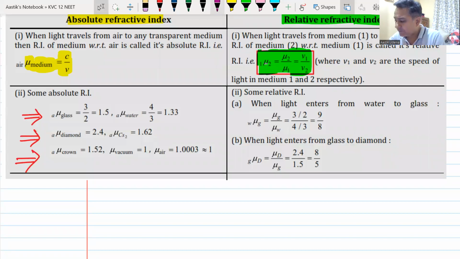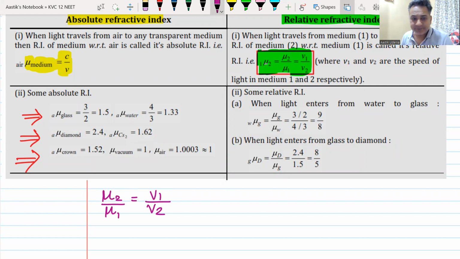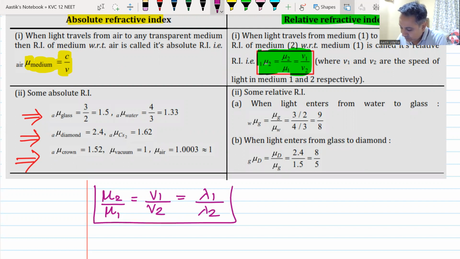I hope you will understand this. Mu 2 by mu 1 is equal to V1 by V2. We have seen this, yes or no? Now V is equal to F lambda and F remains the same. So this will be equal to lambda 1 by lambda 2. So this is one more way in which you can remember this.